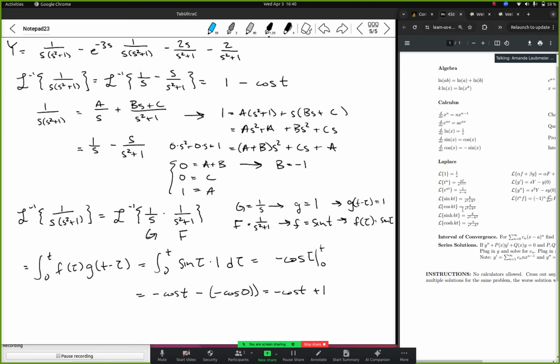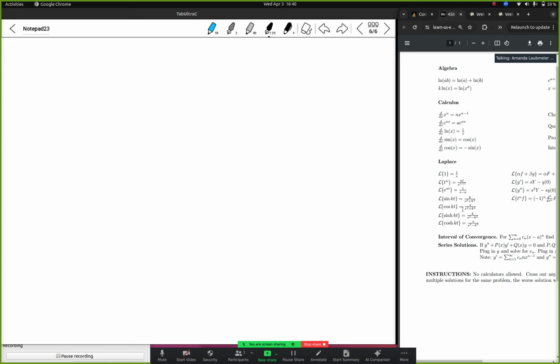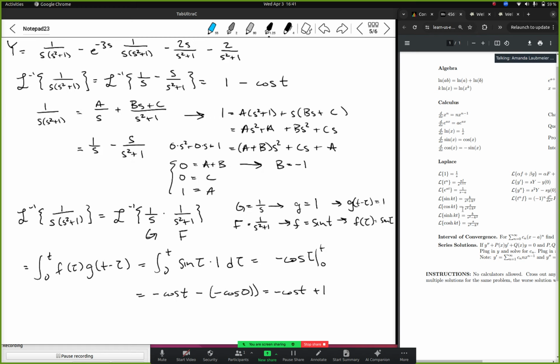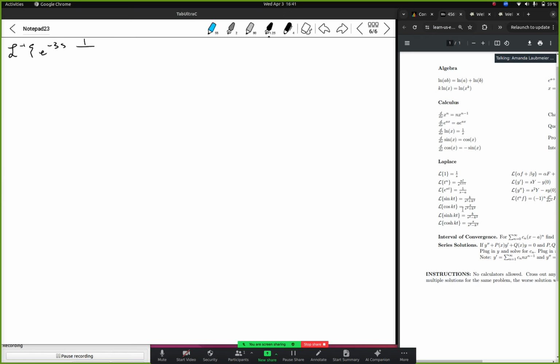So then let's continue with the rest of the terms. So next up we want to compute the second one. E to minus 3s times 1 over s times s squared plus 1.